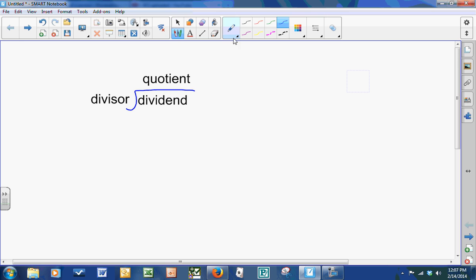So in my example, I could say something like 15 is the dividend, and the divisor is 3, and the quotient is 5. So these are some new math terms that we need to add to our vocabulary in order to understand what our math problems are asking us.